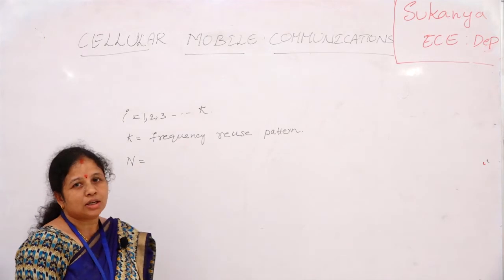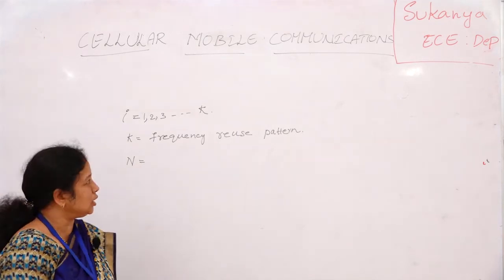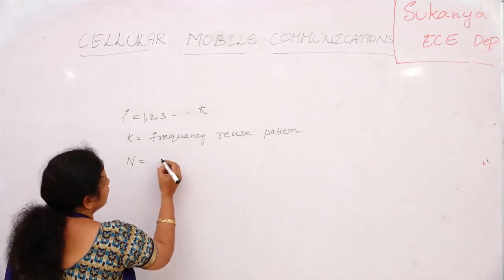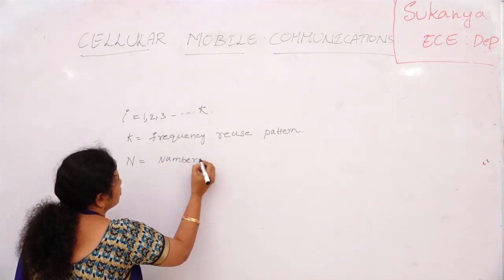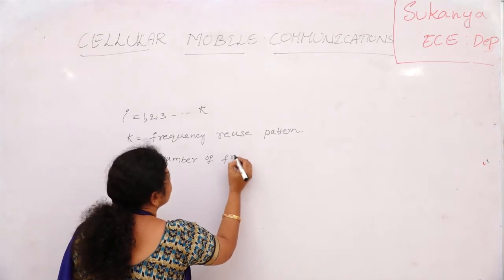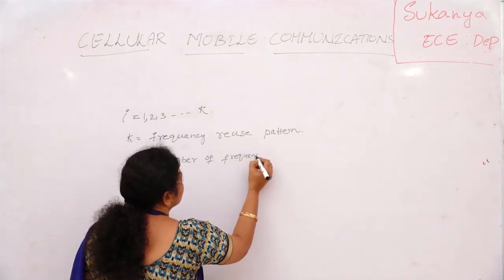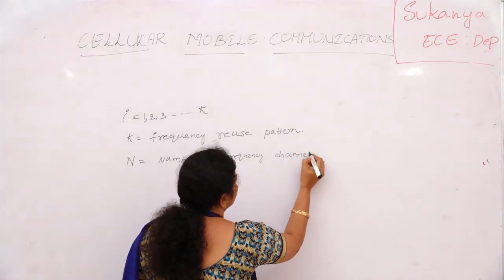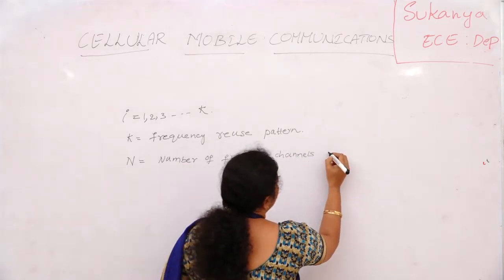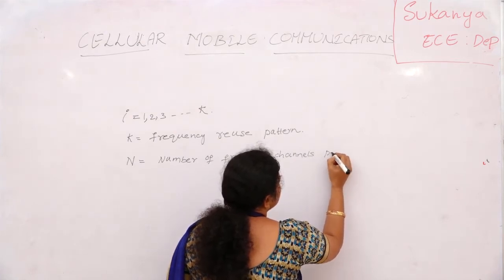So n is used to represent the number of frequency channels allocated for the particular cell. It is the number of frequency channels per cell.